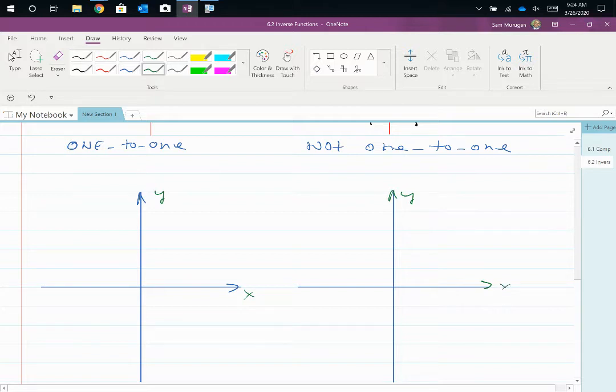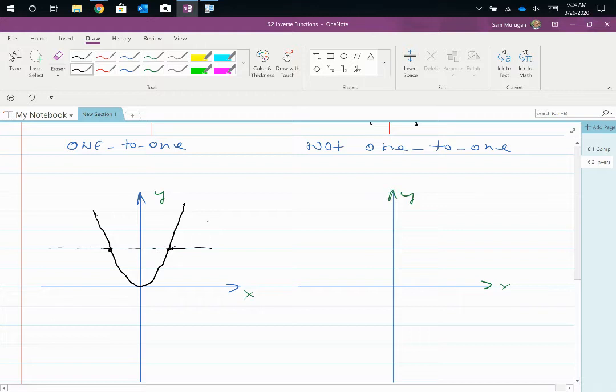Now, let's consider a simple square graph, a quadratic graph. Here, this graph fails the horizontal line test. It intersects twice.